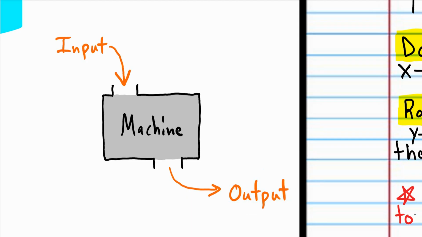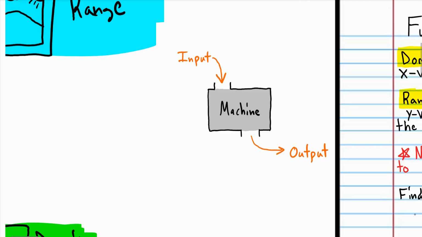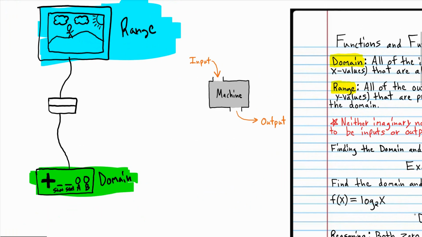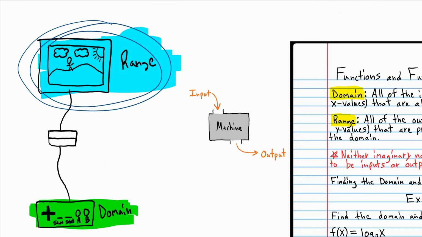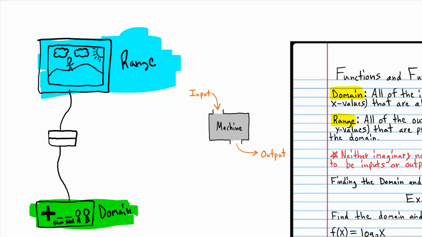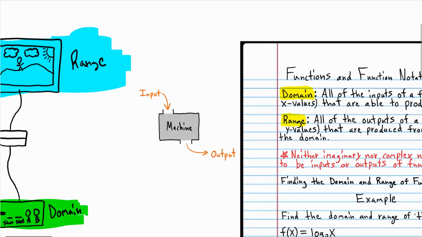And we want to know all the numbers that are in the range, all the possible outputs that can be produced if you plug in a number from the domain. So the range is all the possible things that can happen on your video screen, your TV screen, as a result of pushing the buttons in the domain, using the video game as an analogy.